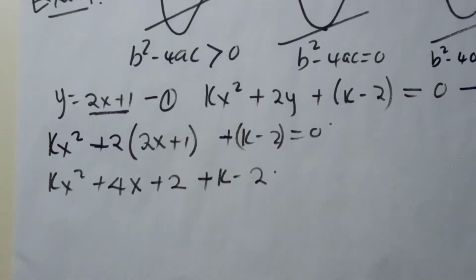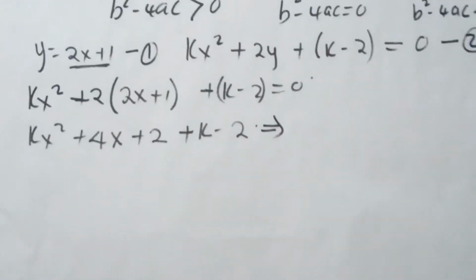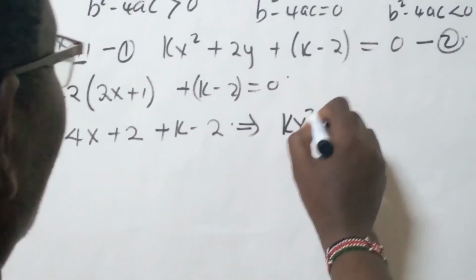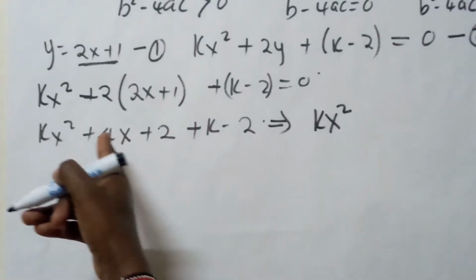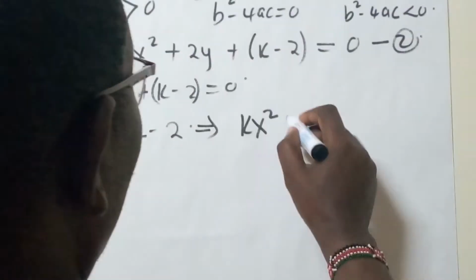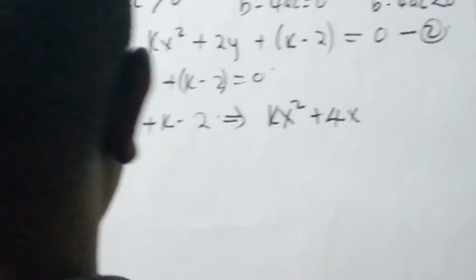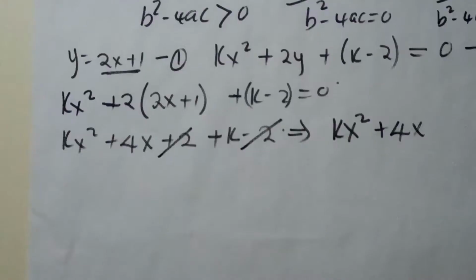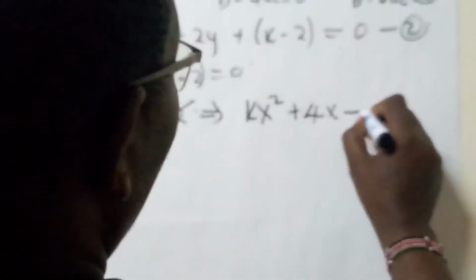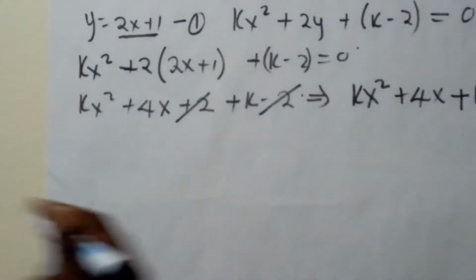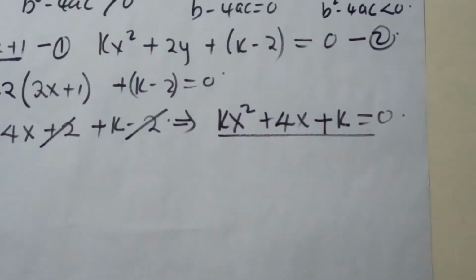If you follow, you will get kx squared plus 4x, and then the plus 2 minus 2 cancel out, so we are left with plus k equals 0. And this is now the quadratic equation which we should take care of.